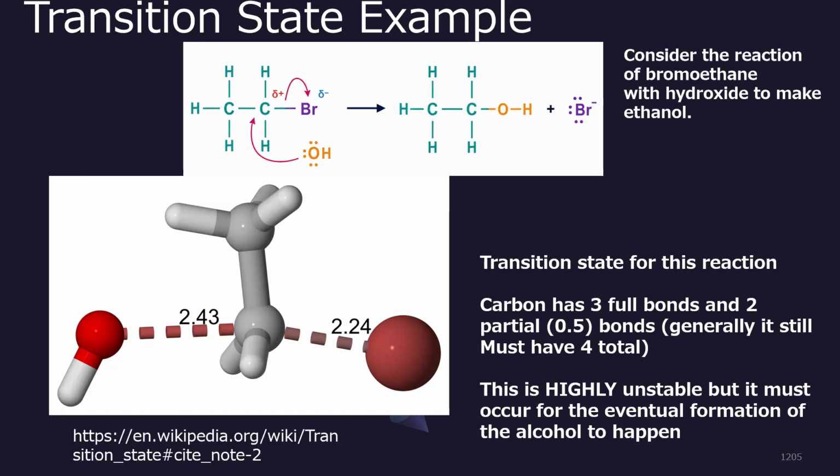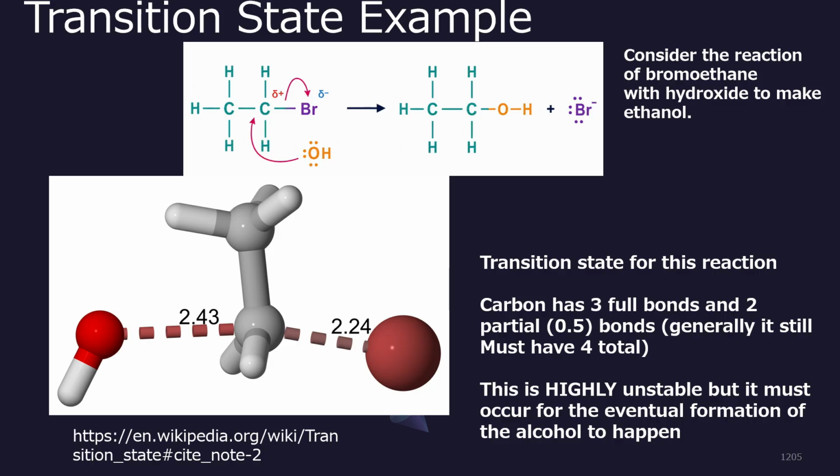So here's maybe a real example. This is a reaction that you'll learn later on in organic mechanisms. But consider this reaction: bromoethane with hydroxide, OH minus, that will come in and kick out, substitute a Br minus to make ethanol, CH3CH2OH.